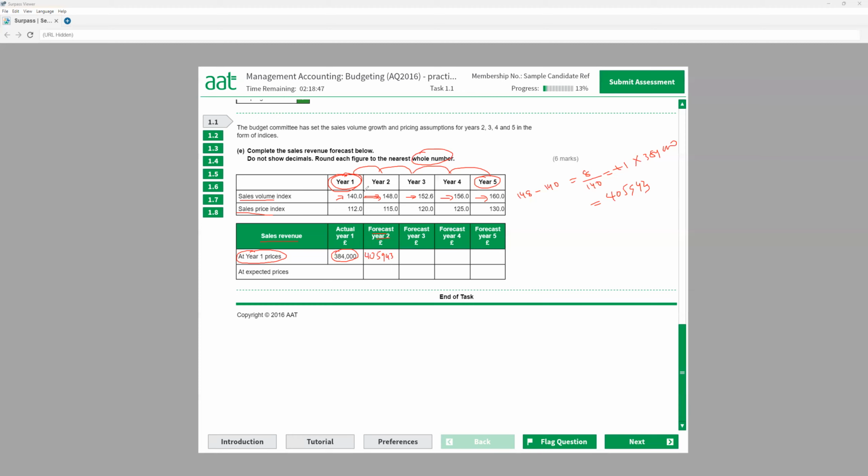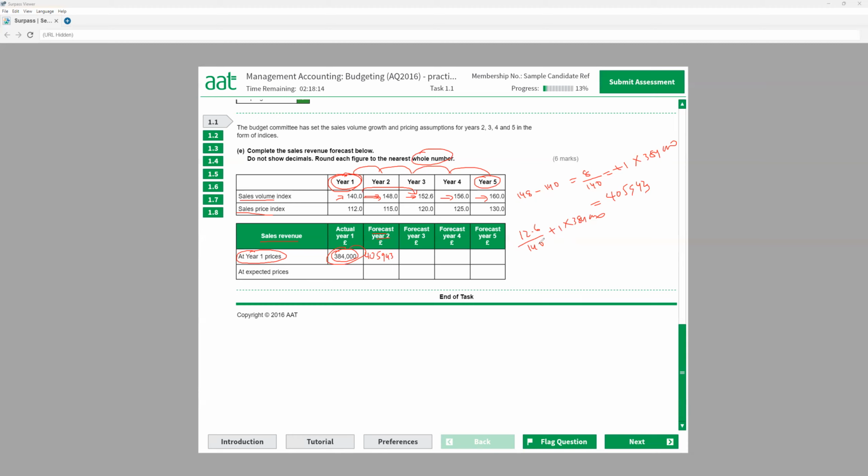We do the same thing for the next year. From 140, it increases to 152.6, so how much is it increasing? 152.6 minus 140, an increase of 12.6. Divide by 140, plus 1, and multiply by the same 384,000.